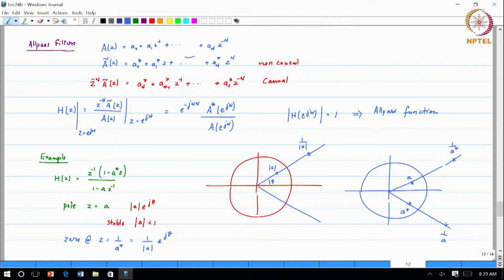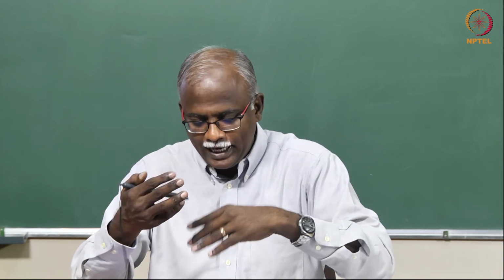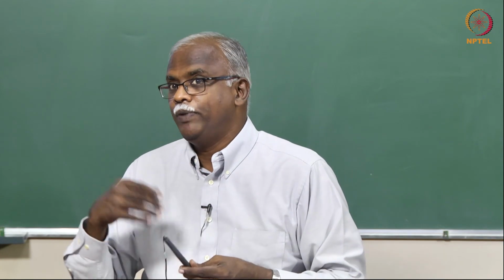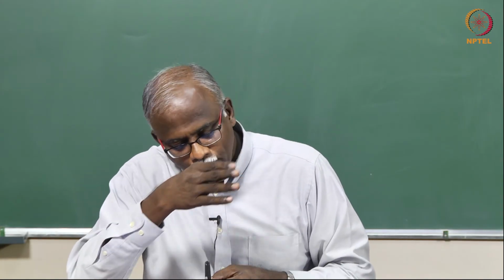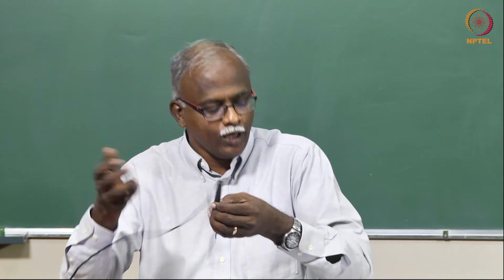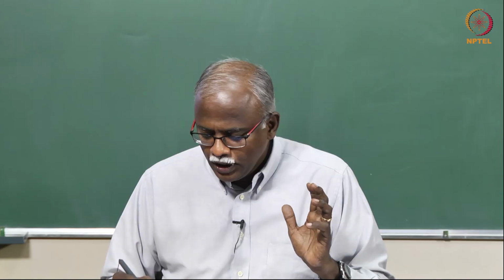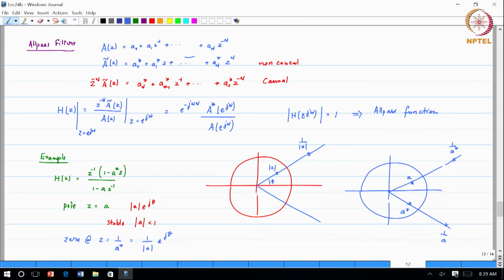That is how an all pass function is structured. The para-conjugation property gives us a lot of insight: because of the para-conjugation relationship between the numerator and denominator of an all pass function, all poles and zeros have to be located in this fashion. Only then the all pass function will be satisfied. So we are starting to get some interesting insights.